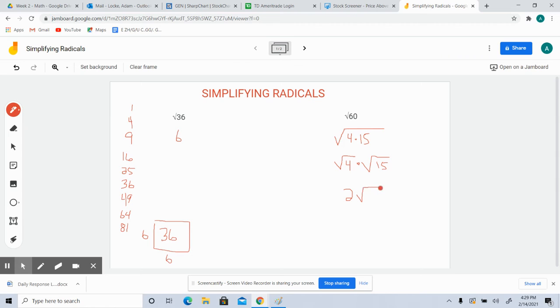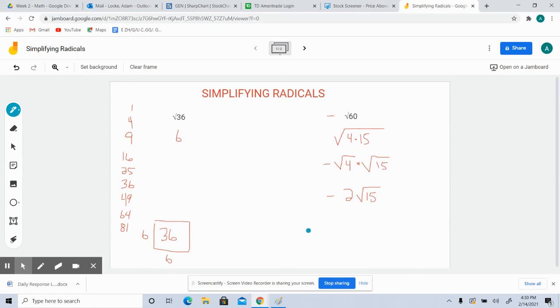And I can't do anything to the square root of 15 as far as simplifying it, because I can't divide 15 by any one of these perfect squares. So if you were to type in the square root of 60, or square root of 4 times square root of 15, or 2 times the square root of 15, you would get the same answer.